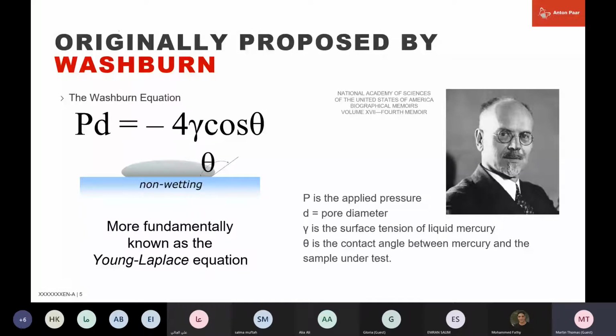If we know the surface tension of the mercury, that's gamma in this, and the contact angle of mercury on a solid, and we take the cosine of that. Generally, we take 140 degrees to be the contact angle of mercury on almost all solids. That's the IUPAC recommended value. That's the International Union of Pure and Applied Chemistry. If you look at standard reference materials, 140 degrees is also the angle there. So if we measure pressure at which mercury is forced into pores, we can calculate the pore diameter using this very simple Washburn equation, the Young-Laplace equation.